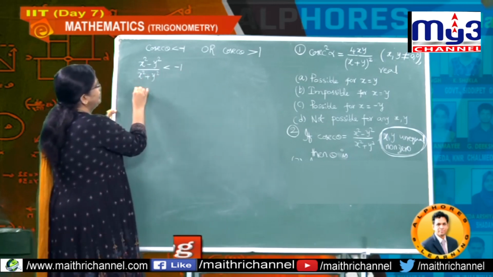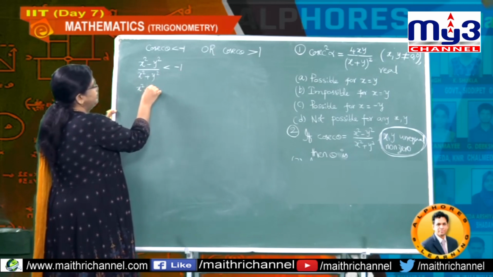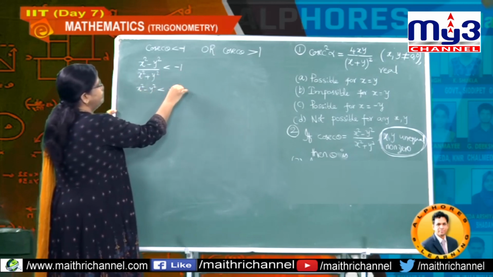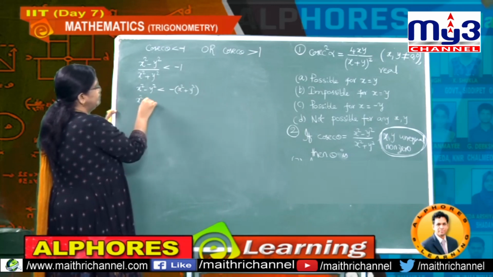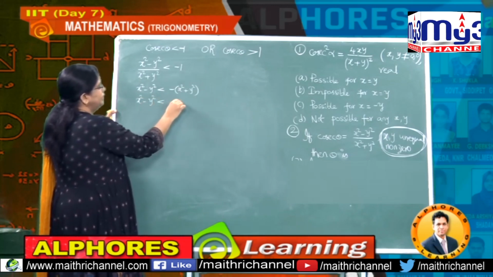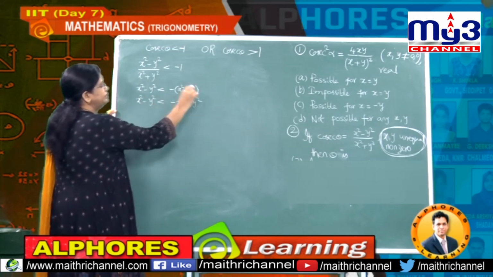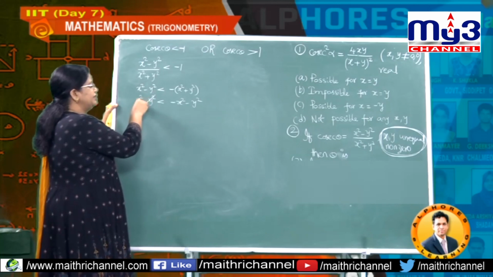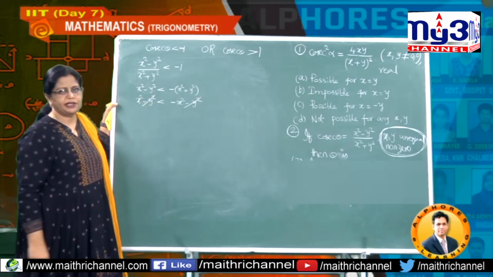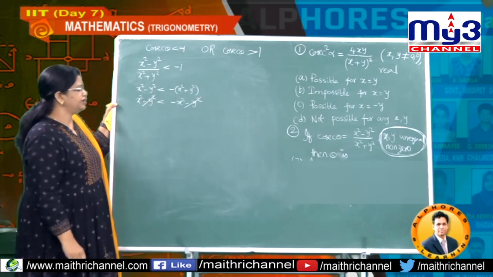So I am doing cross multiplication here: x square minus y square less than minus of (x square plus y square), and then it is x square minus y square less than minus x square minus y square. Okay. So now this minus y square, just like our known algebra condition, we cancel.